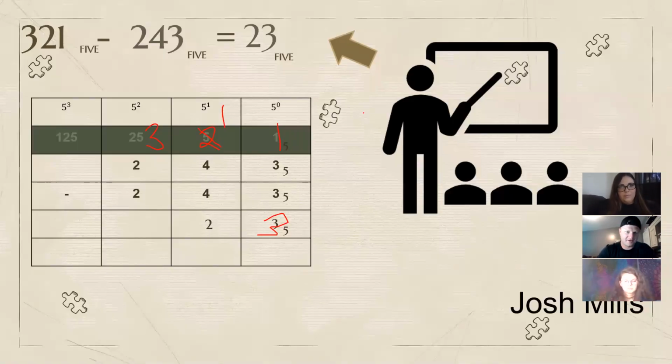Back to what I was saying, we had 321 minus 243, and it's a power of 5, so we borrowed 1 from 2. So we come over and we make this a 5 plus 1, that would equal 6, and then you would subtract 6 minus 3, and you would get 3 to the power of 5.